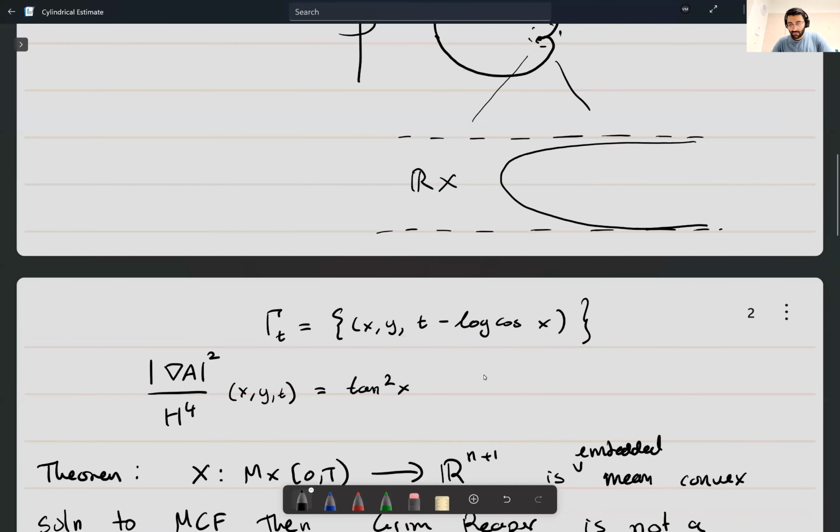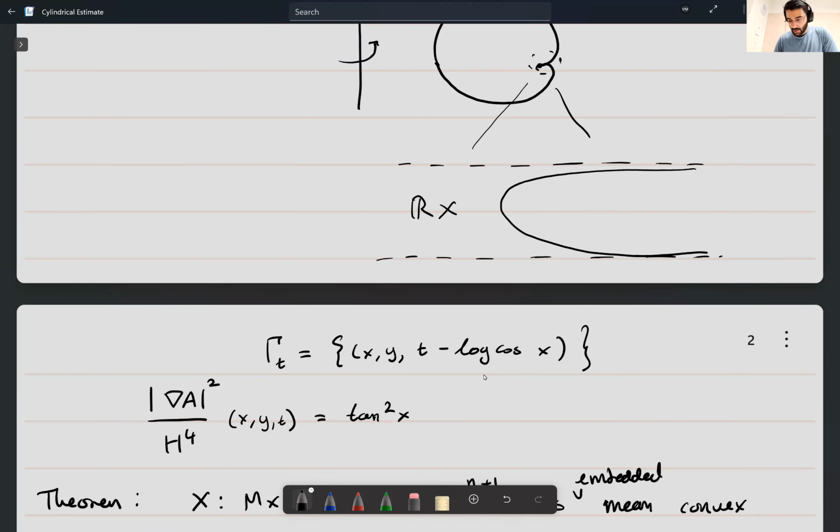So this same counterexample doesn't occur if you have embedded mean convex mean curvature flow.